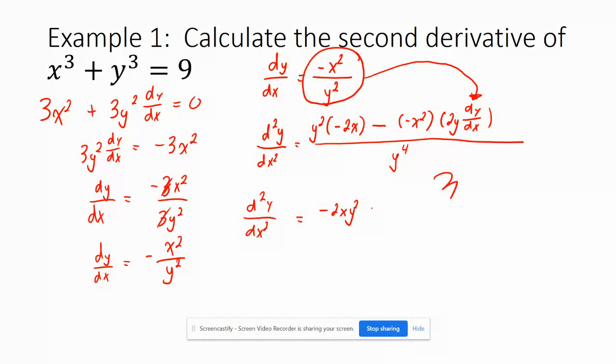So negative negative is going to be a positive 2x squared y. Now dy/dx is negative x squared over y to the fourth, and we get this cancellation here.